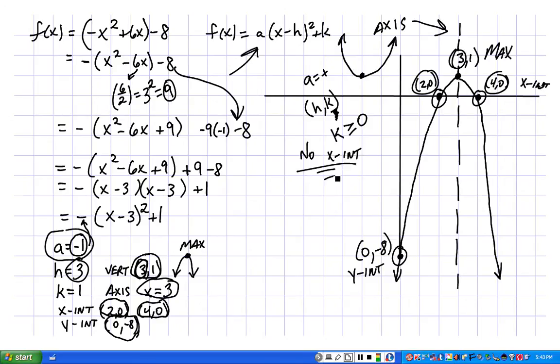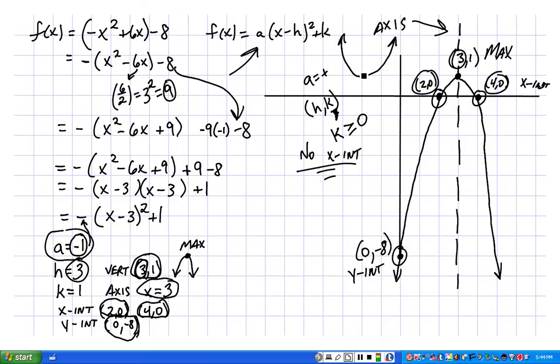That's a trick for when people ask you to give the intercepts and you're stuck trying to find the x-intercepts. But because A is positive and the k of your vertex is greater than or equal to 0, you will never have an x-intercept.